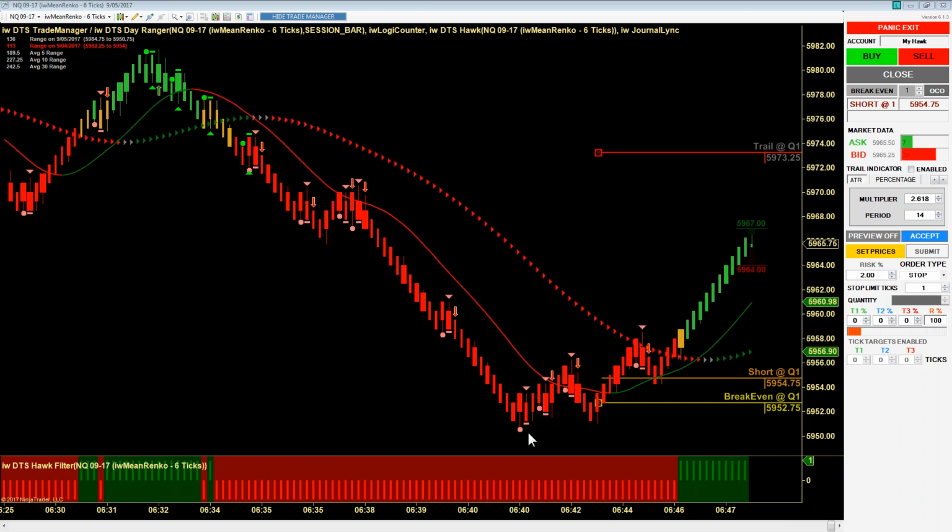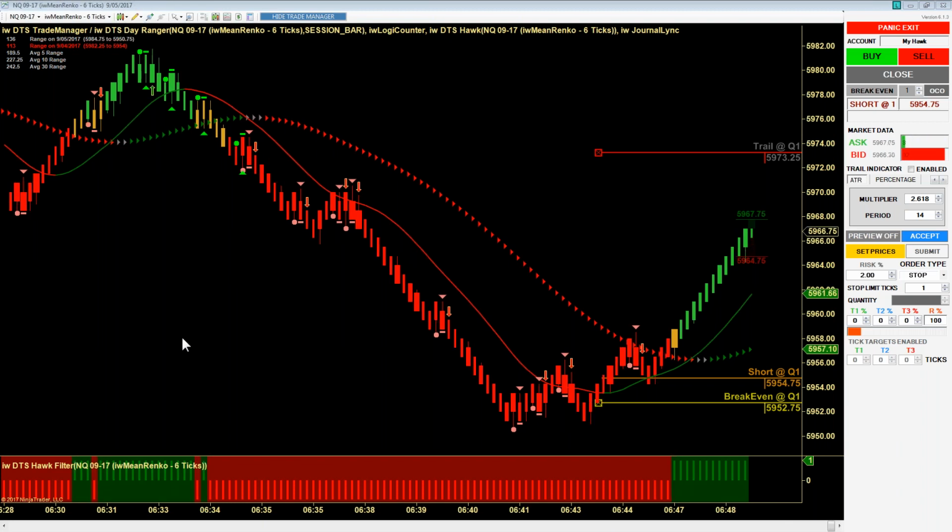Your stops are just so far. The ideal placement actually would have been above the high of the morning. That would actually give you enough staying power.